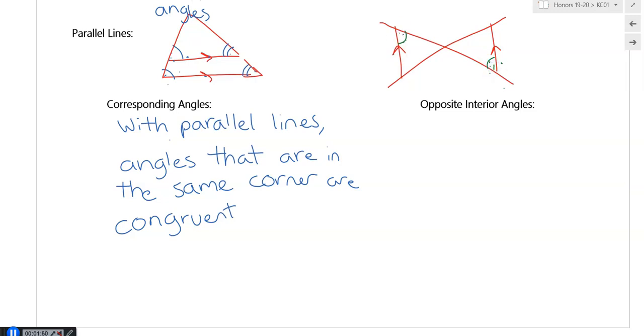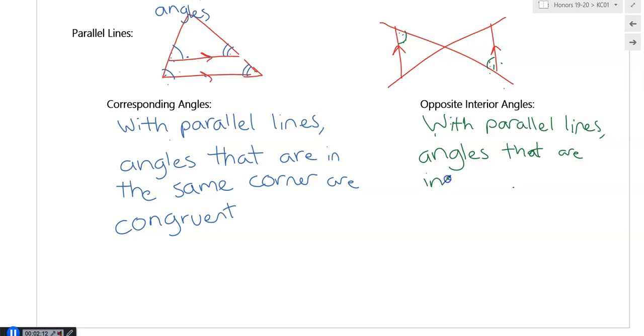Okay, so again, with parallel lines, angles that are inside but opposite are congruent.